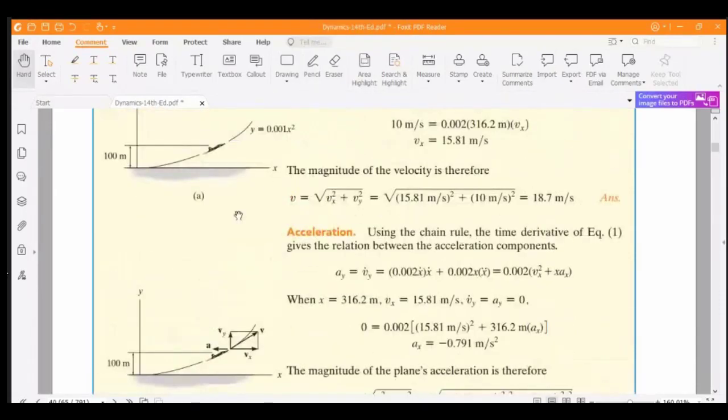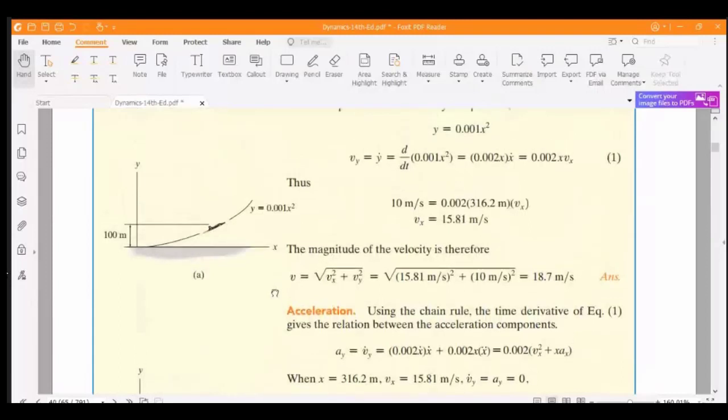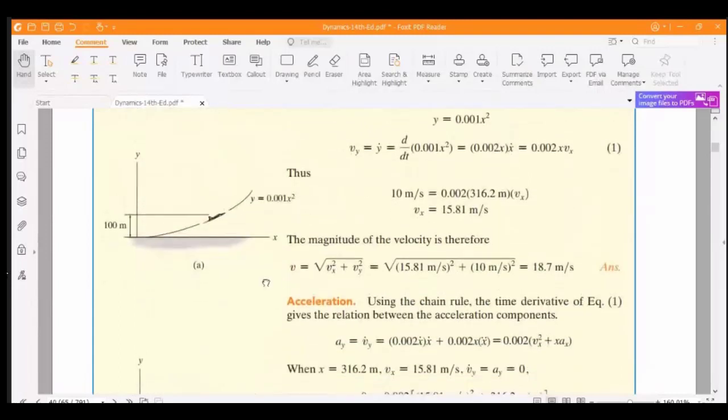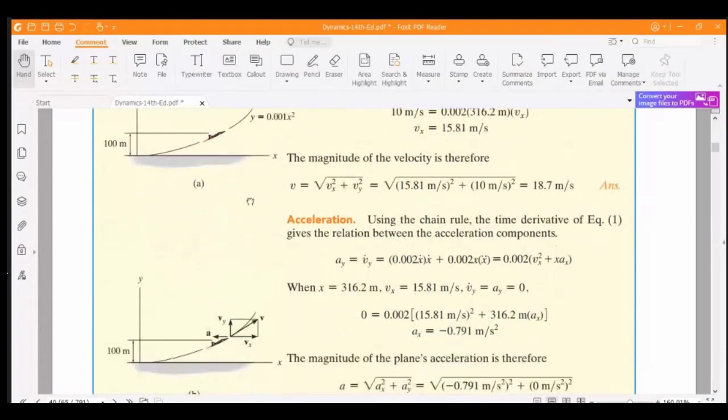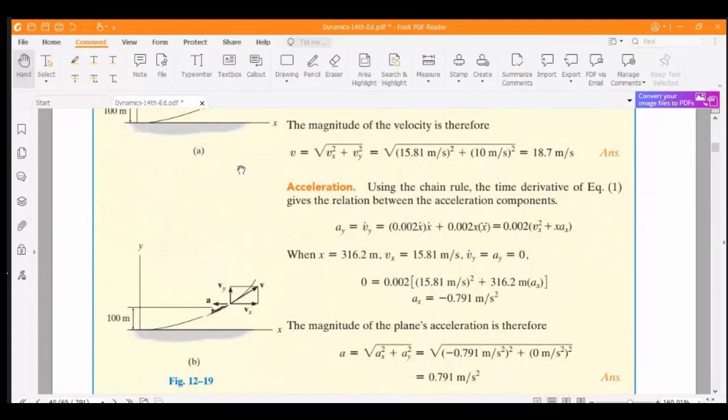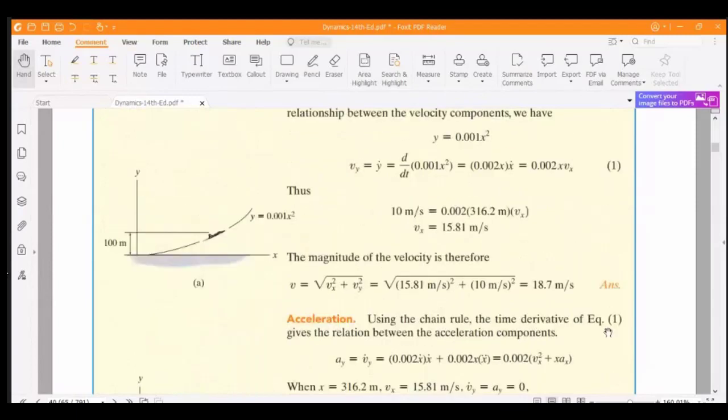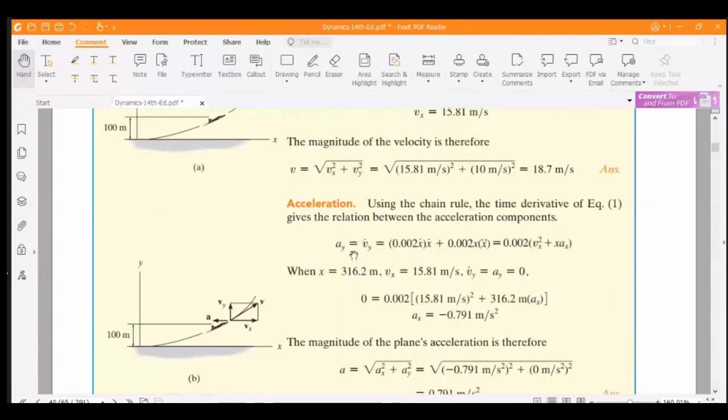If you see here, equation 1 is this one, right? Oh, yes. So if you derive it, then that is what they have done. ay equals vy dot.